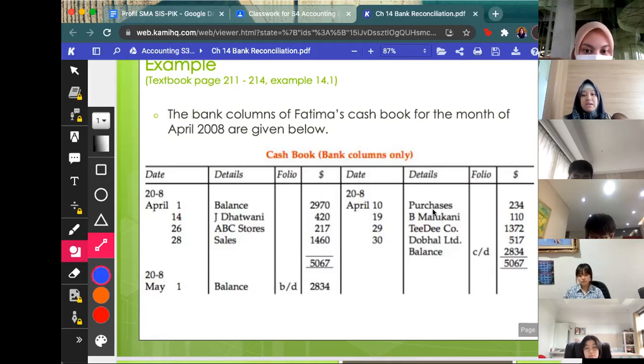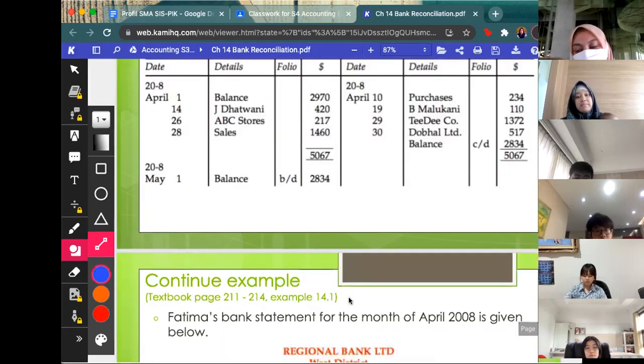Then she made payments to B. Malukani, TDCO, and Dobal Limited. After those payments, at the end, her bank balance is 2,834. When it is carried down to the next accounting period on May 1st, it is still 2,834 on the debit side. Now, supposedly the bank statement she receives from her bank shows the same amount. Now let's see.